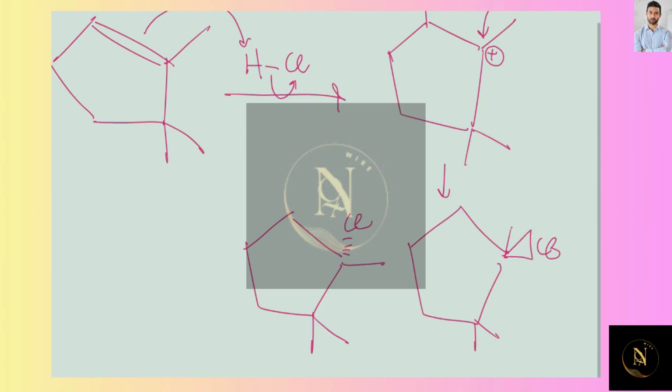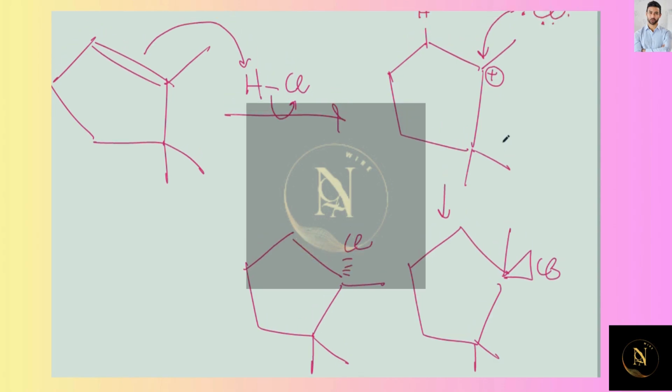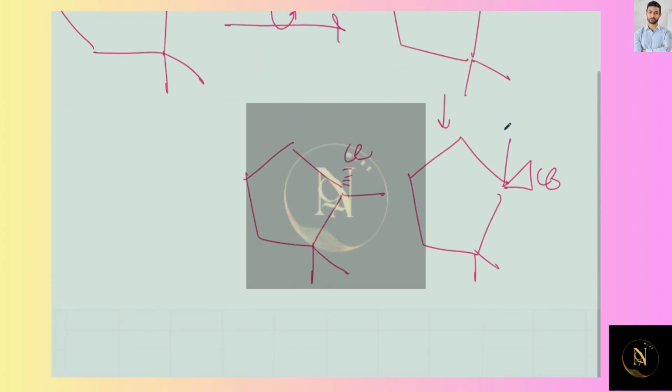These products will form in equal proportion, right? Because there's not going to be any preference for one forming over the other. So these are the 2 products you would get, and these are both isomers that you would get.